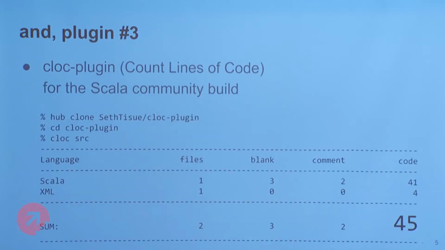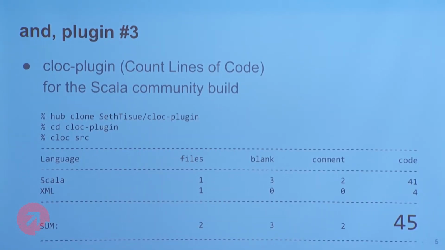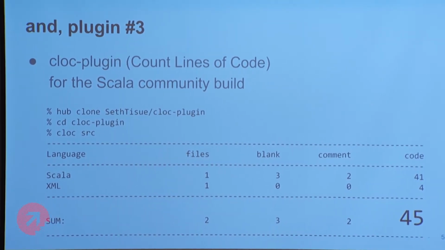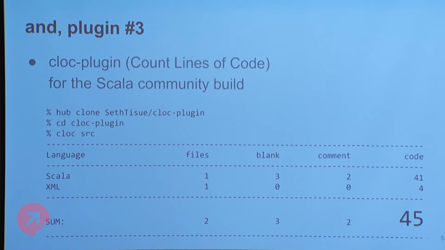And then I actually wrote a third plugin recently for the Scala community build, which I'm the primary maintainer of. We wanted to know how many lines of code were in this big build that aggregates lots of open source projects. We couldn't just run CLOC directly because the community build doesn't build all of every included project.